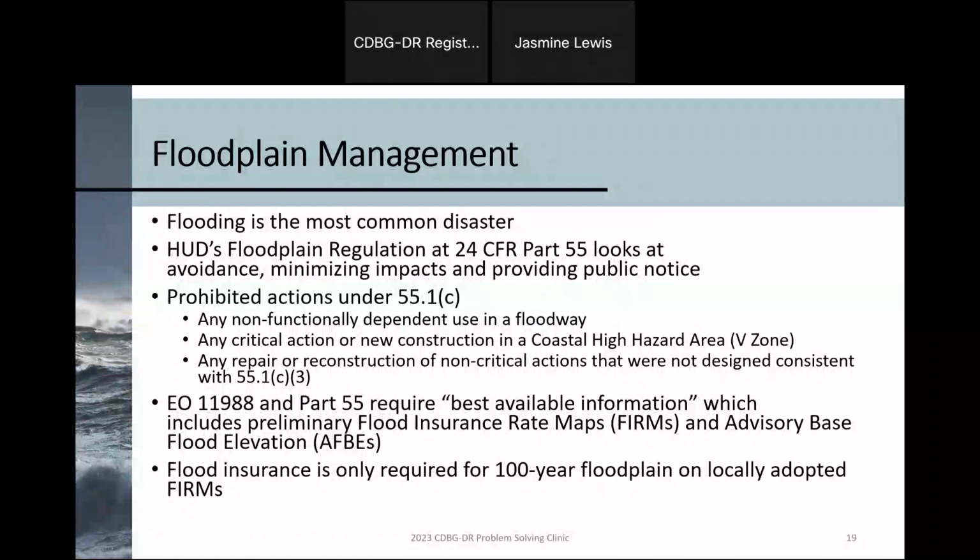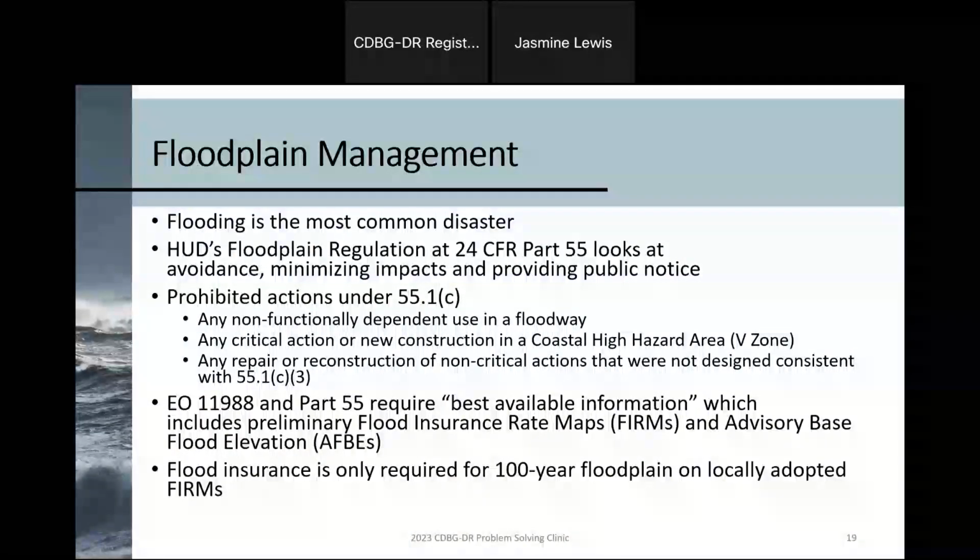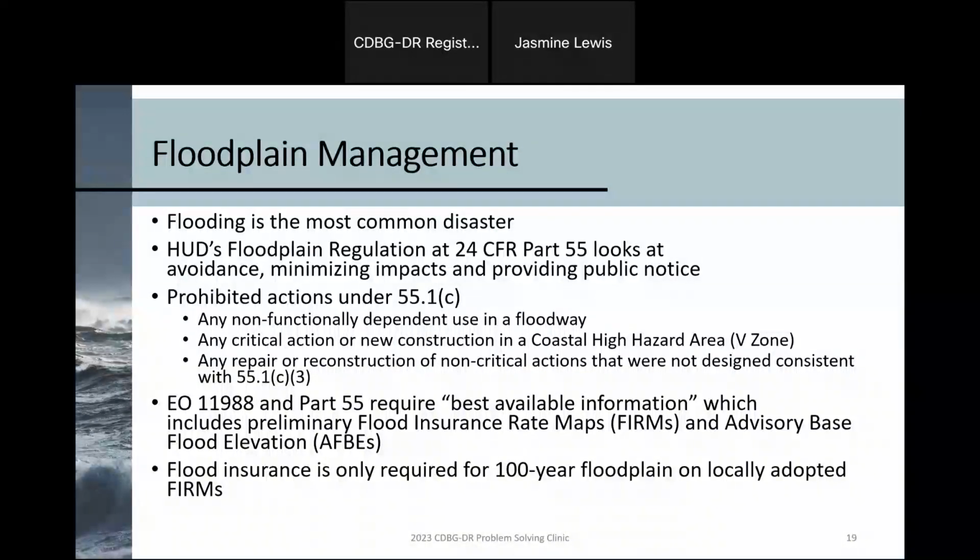And then it's a 15-day HUD objection period. So you could be saving yourself up to a month of just public comment and HUD objection by doing the broad level, because for each site-specific review, you don't have to go back to those steps again. So you don't have to do public notice or wait for the authority to use grant funds on each site-specific tier 2 review.